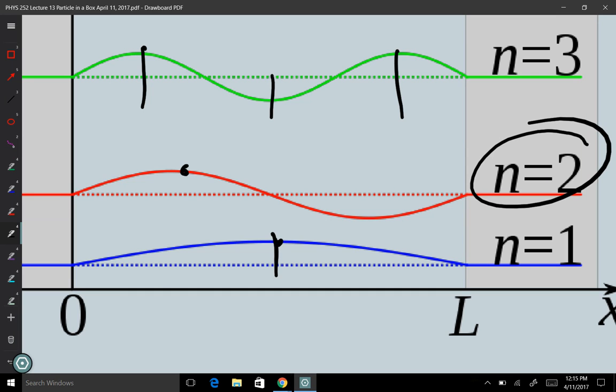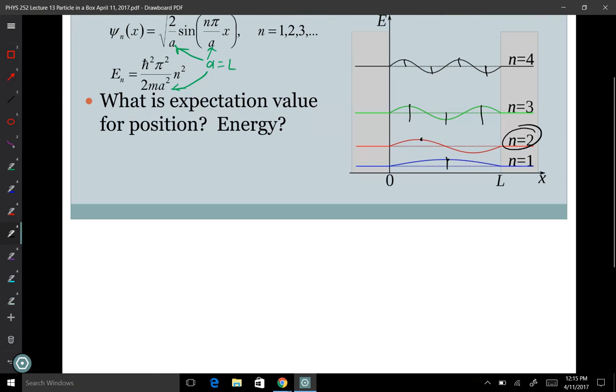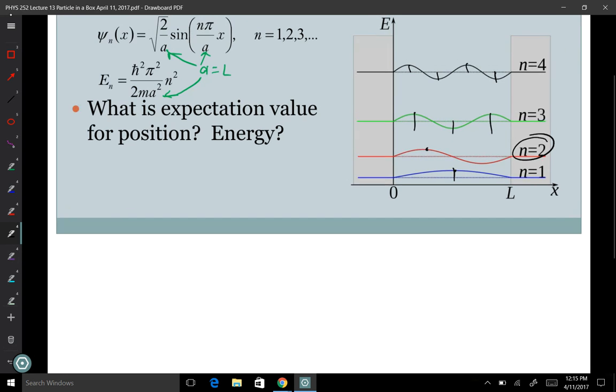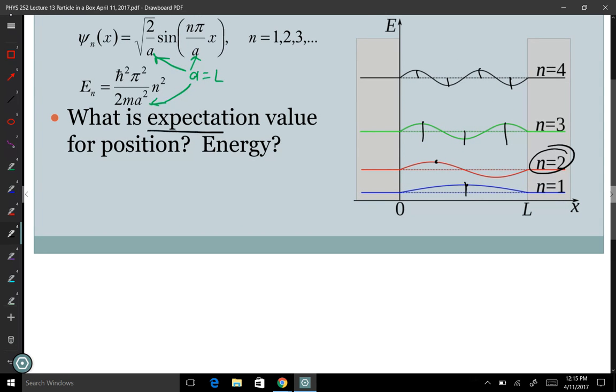Now let's look at, I said this carries all the information, right? All the information. Well, how do I find something from this then? The expectation value for position. Expectation value is what we mean in physics for if I make a measurement and I take the average of all of the measurements, what is it?